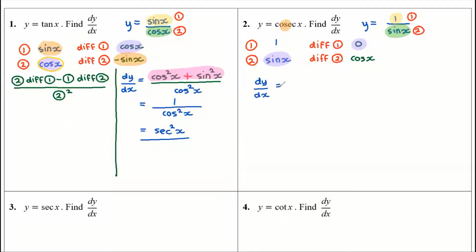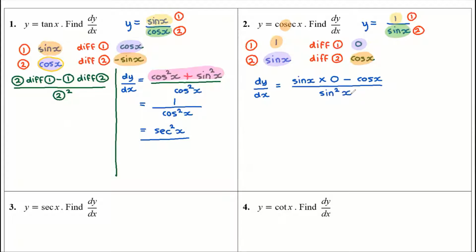Obviously this is going to be 0, isn't it? The term dies because we're multiplying by 0. And then we subtract the opposite diagonal multiplied together, which is 1 multiplied by cos x. So that's subtract cos x, all over function 2 squared, which is sine squared x.